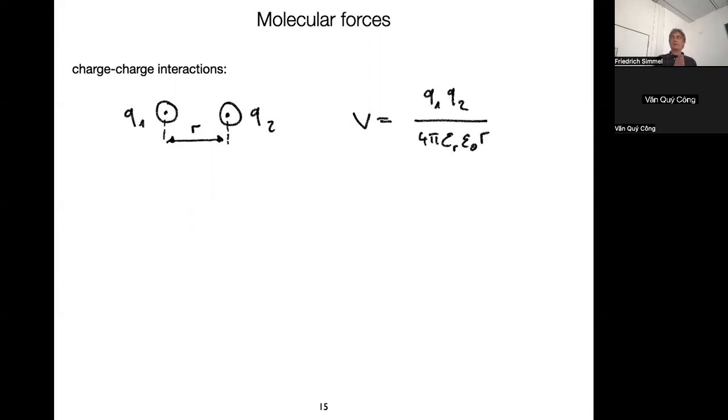This in the end influences its thermal stability, which is then measured in thermodynamic quantities. So of course, one of the fundamental interactions is charge-charge interaction. Two charges attract or repel each other, and they have a distance dependence of 1 divided by r.